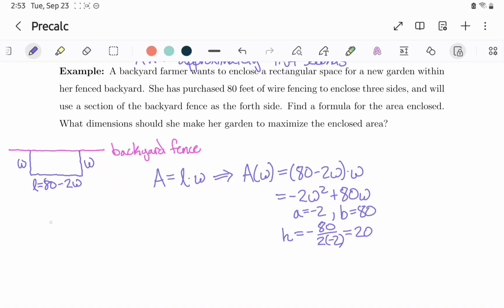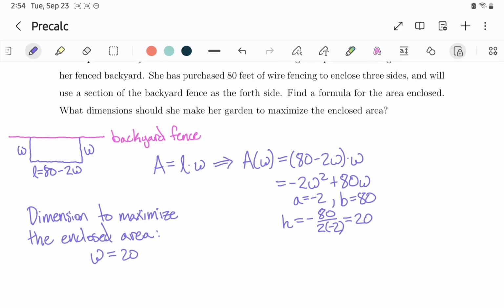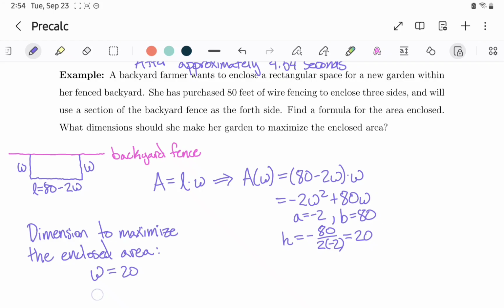So for the dimensions to maximize the enclosed area, well, we are going to want the width, so W, to be equal to 20, and we are going to want the length, well, it's going to be equal to 80 minus 2 times 20, which is going to give us 40.